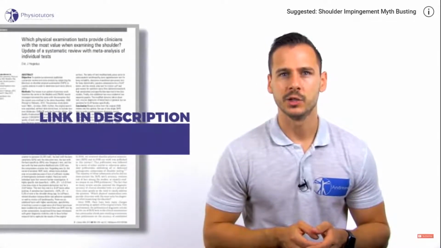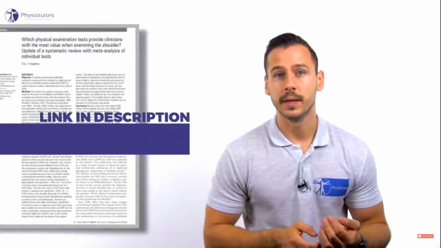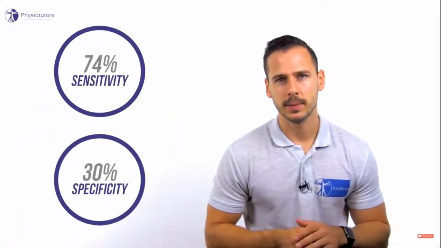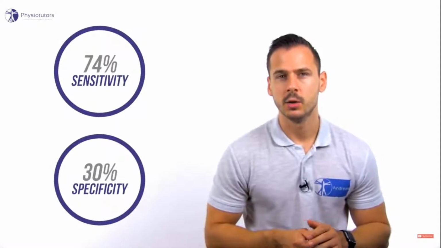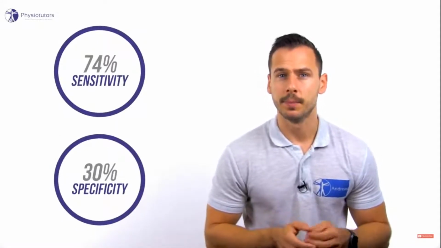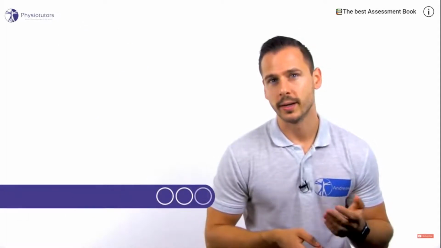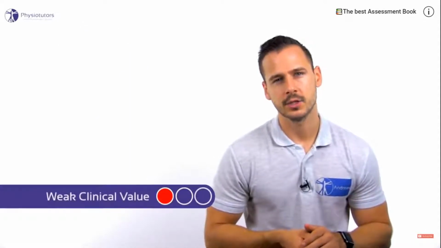According to a systematic review by Hegedus et al. in 2012, the empty can test had a sensitivity of 74% and specificity of 30%, which would only minimally alter the post-test probability of subacromial pain syndrome, which is why we give it a weak clinical value as a standalone test. To conduct the empty can test, the patient is in standing or sitting position.